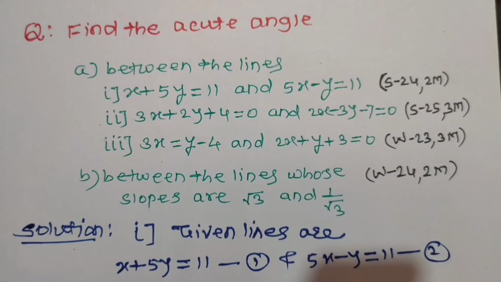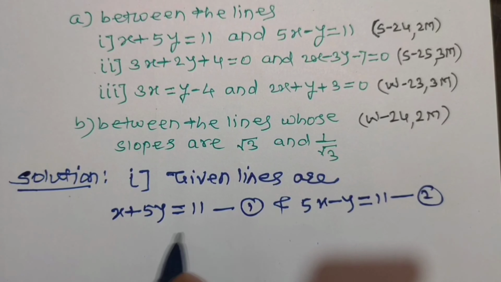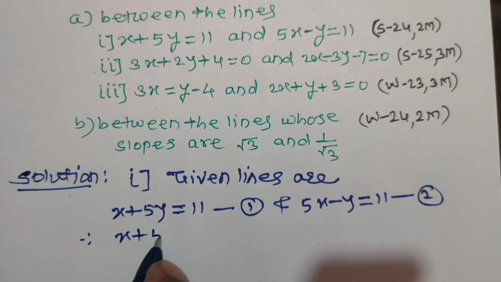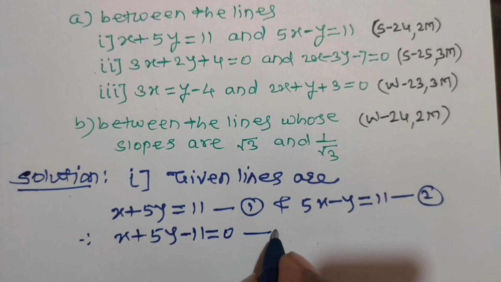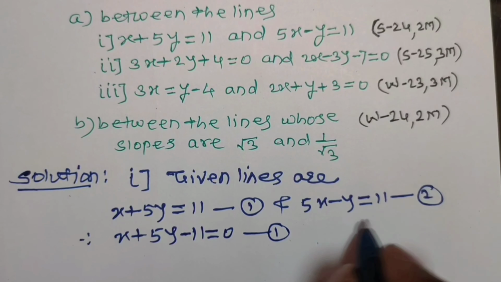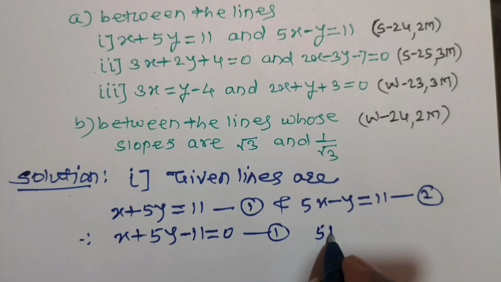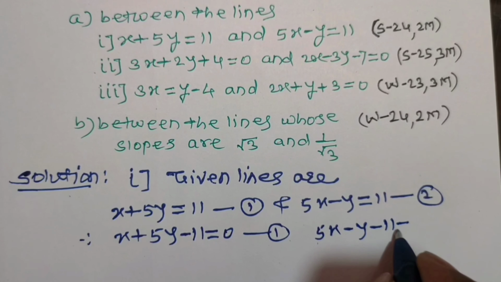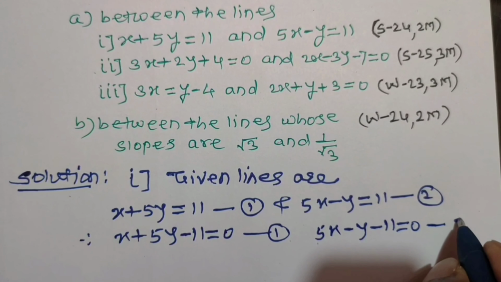Consider equation number 1 and equation number 2 for these two lines. Hence, taking 11 on left hand side, first equation becomes x plus 5y minus 11 is equal to 0, and taking right hand side on left hand side in equation number 2, it becomes 5x minus y minus 11 is equal to 0.